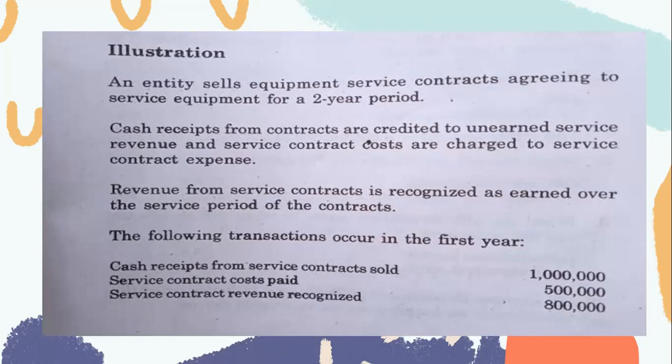Revenue from service contracts is recognized as earned over the service period of the contract. The following transactions occur in the first year: cash receipt from service contracts sold is 1 million, service contract costs paid is 500,000, service contract revenue recognized is 800,000.